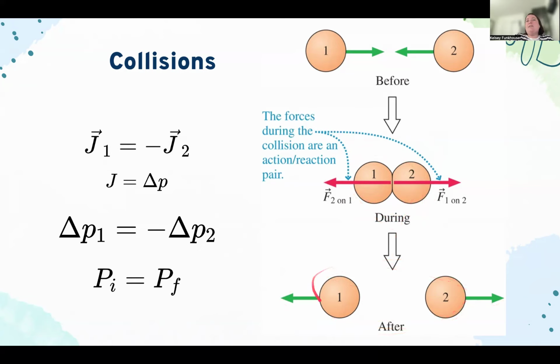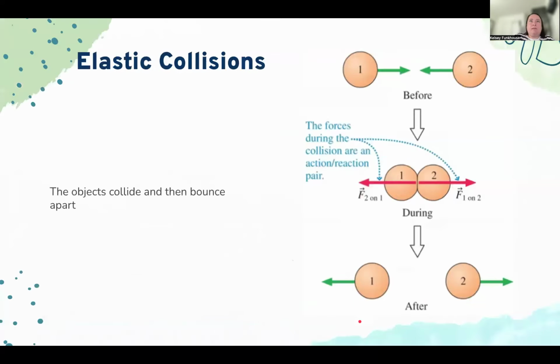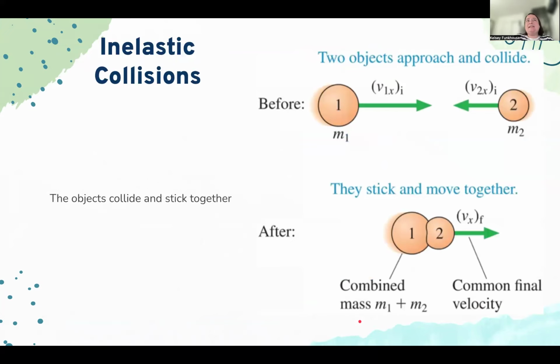And then after they have collided, each object has a different velocity, but the momentum of the system is the same. So there's elastic collisions where the objects collide and then bounce apart. There's inelastic collisions where the objects collide and then stick together.